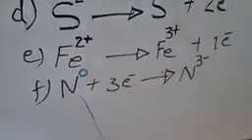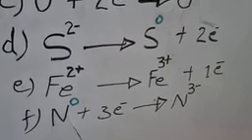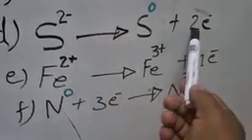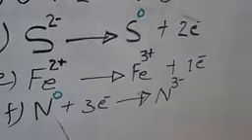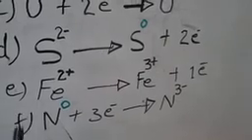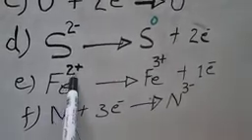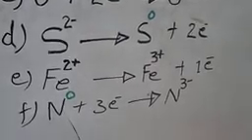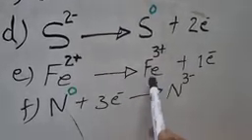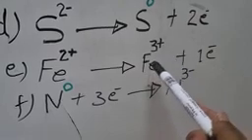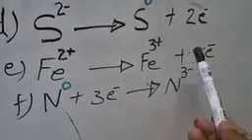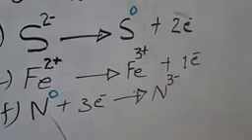Therefore, an increase in oxidation number is an oxidation reaction, which yields 2 electrons on the product side. When it comes to E, this is iron 2+ charged particle going to iron 3+ charged particle plus 1 electron.